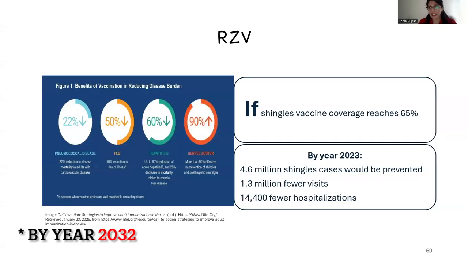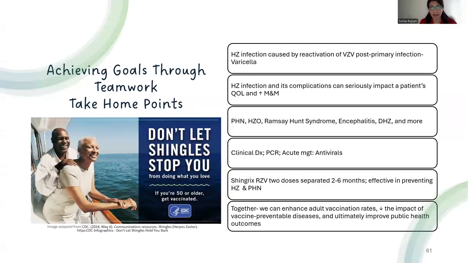If shingles vaccine coverage reaches 65% by 2023, 4.6 million shingles cases could be prevented, 1.3 million fewer visits, and 14,000 fewer hospitalizations. So we need to work on this and start talking about the importance of the vaccine.